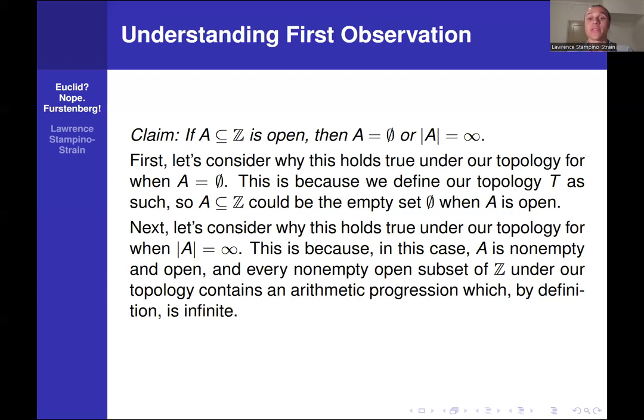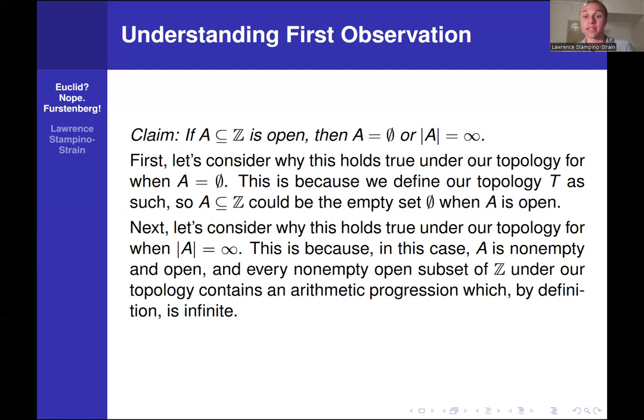Next, let's consider why this holds true under our topology for when the cardinality of A is infinite, right? This is because in this case, A is non-empty and open, and every non-empty open subset of the integers under our topology contains an arithmetic progression, which by definition is infinite, right?